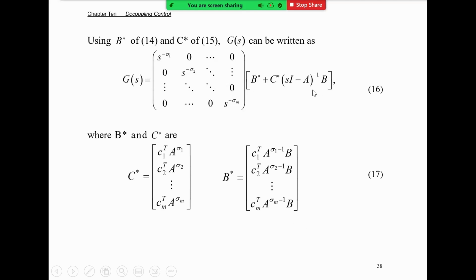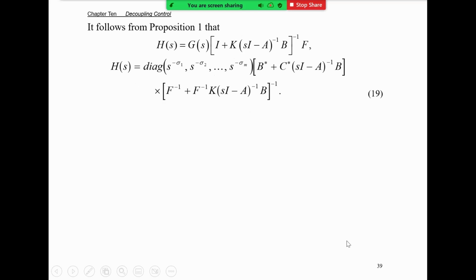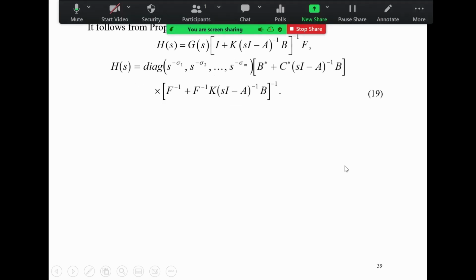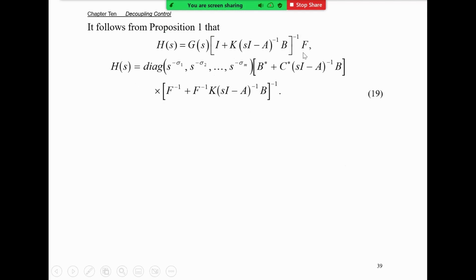So those are the two matrices. Now, what is the objective? We know that the open loop transfer function and the closed loop transfer function are related by this formula. We have already proven that. So now let's plug in the expression of this open loop transfer function.